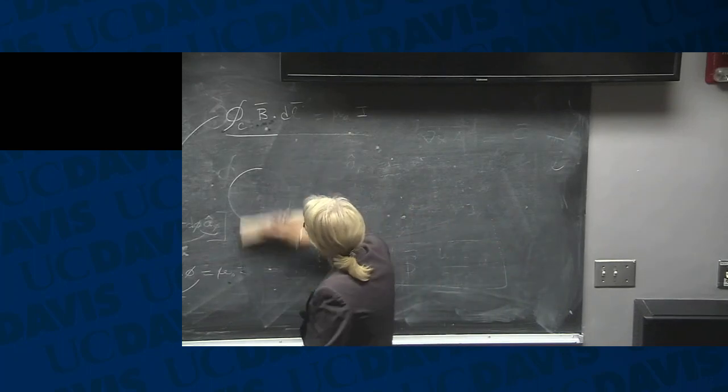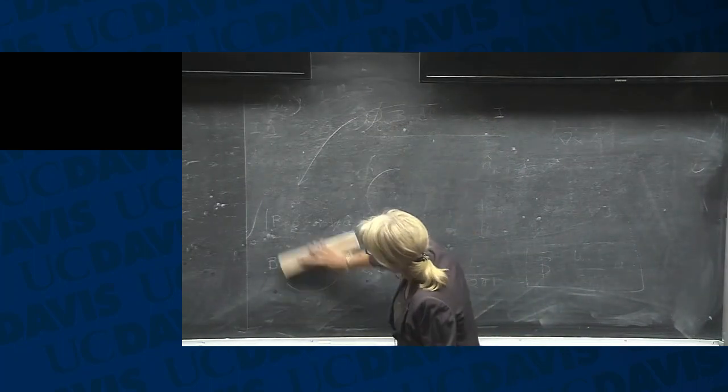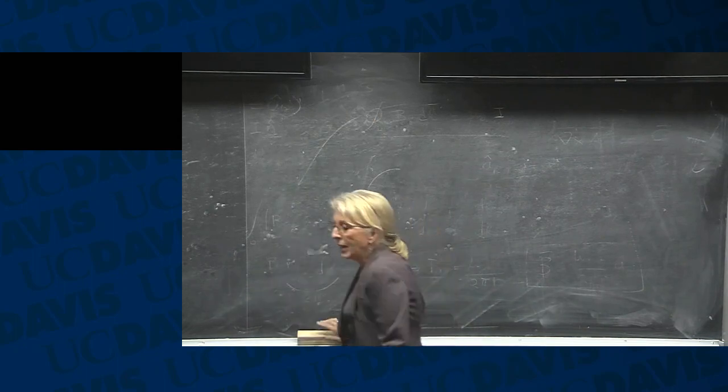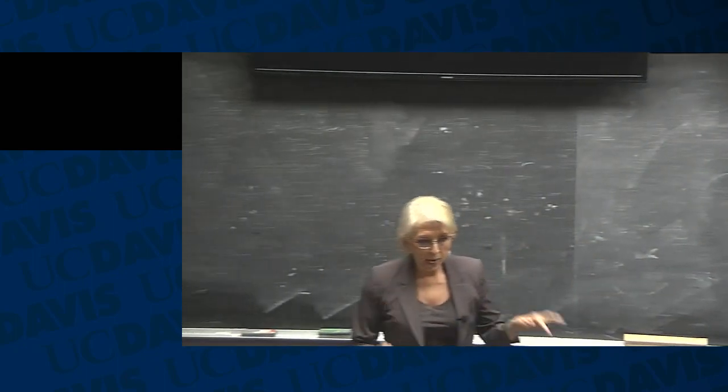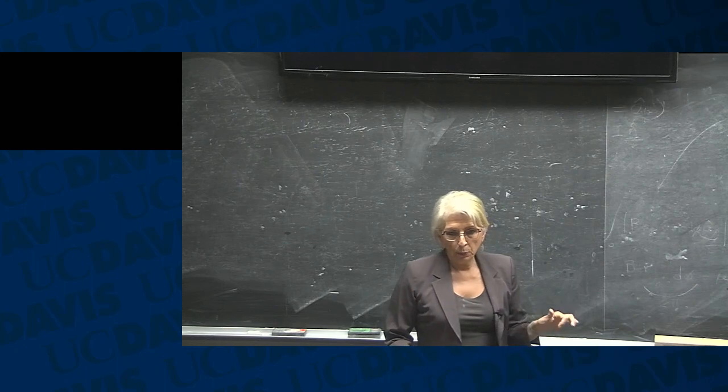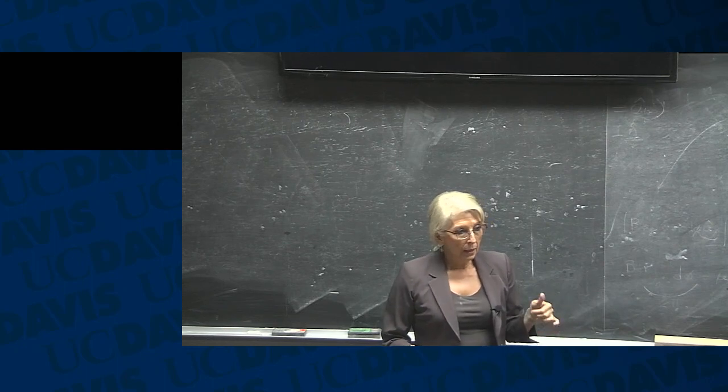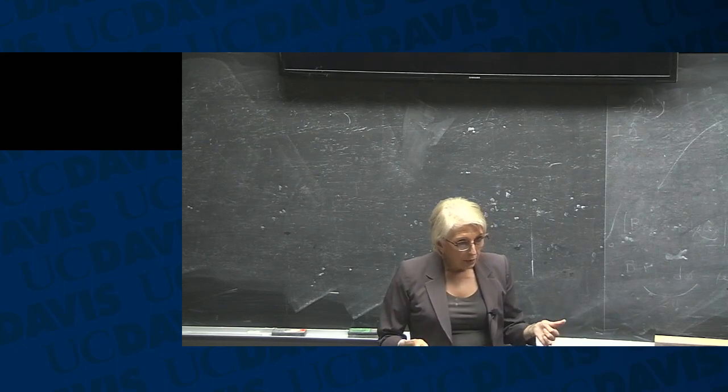What did we learn early, when we got into magnetostatics? The first formula that we put down was which one? The magnetic force. And it was what?